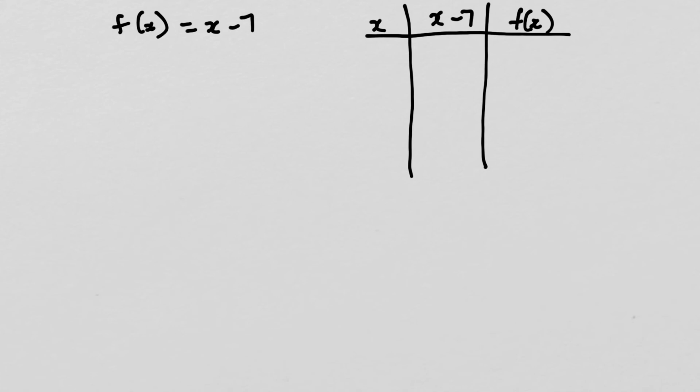So we're going to throw in, just for the sake of argument, -2, -1, 0, 1, and 2. We're going to keep this simple, and we're going to calculate this. So this becomes -2 minus 7, -1 minus 7, 0 minus 7, 1 minus 7, 2 minus 7.